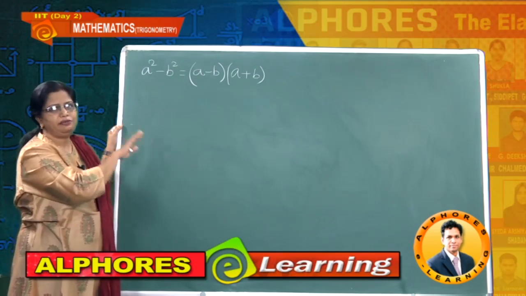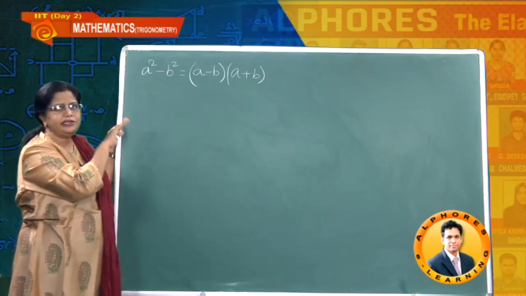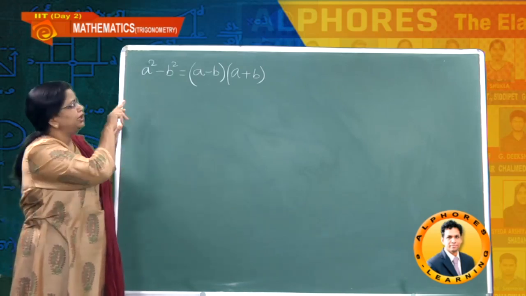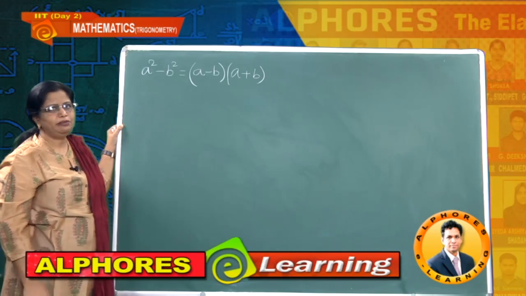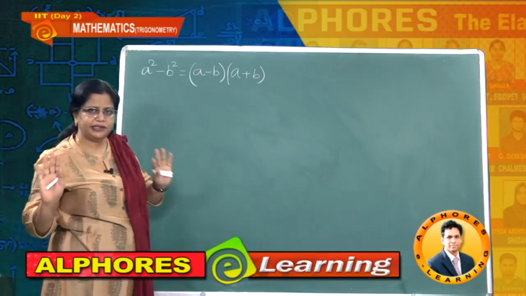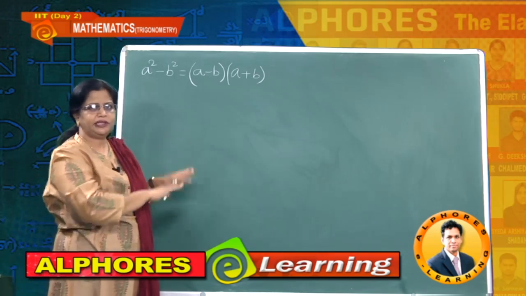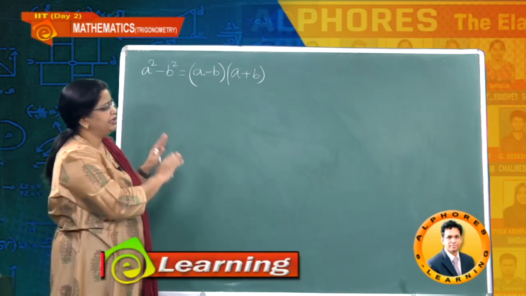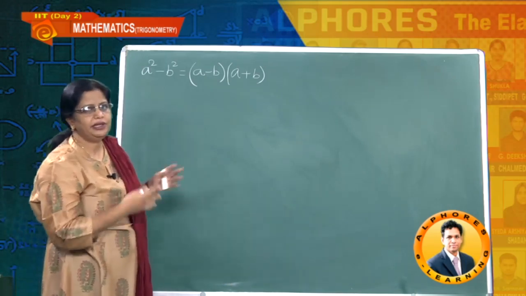Once you are given a formula, the meaning is that this formula is applicable for any real number. Many times students think, okay, this is just a formula, that's it. But don't think this is just a formula. Whatever this formula derives is for application to real numbers.